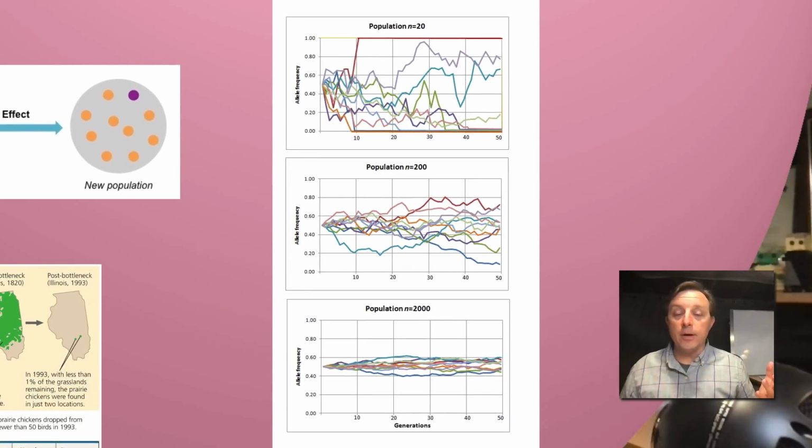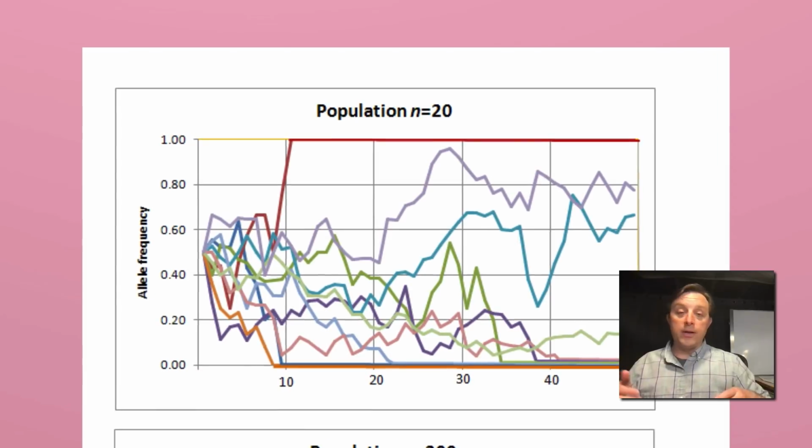So, for example, here is a simulated data set for 50 generations of a population, just looking at random allele frequency changes. And with a very small population of only 20 individuals, we see that random chance, again, has a very large effect.